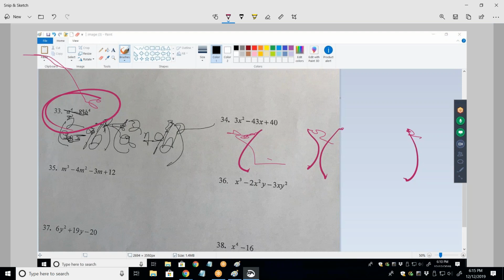But now the first step is to split up the 3x squared. How am I going to split that up? What 2 numbers are going to multiply together to give you 3x squared? Remember, you always split up the x squared.